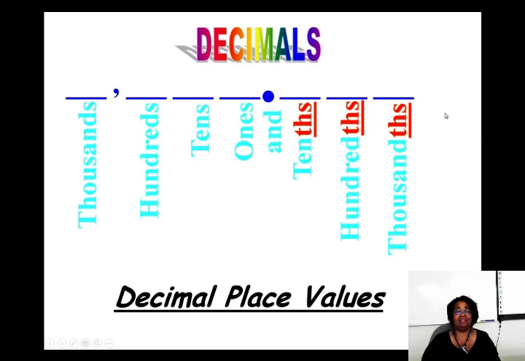What's after thousandths? Ten-thousandths, hundred-thousandths, and then millionths. Just like over on the other side of the whole numbers, after we have thousands, we have 10,000, 100,000, a million, okay? So it's just to the right. But notice, when we start out on our decimals, we start with the tenths place.